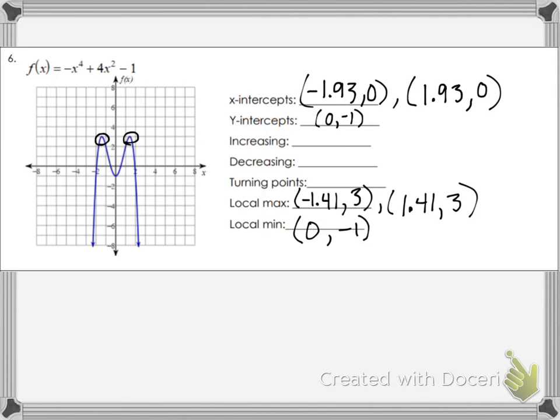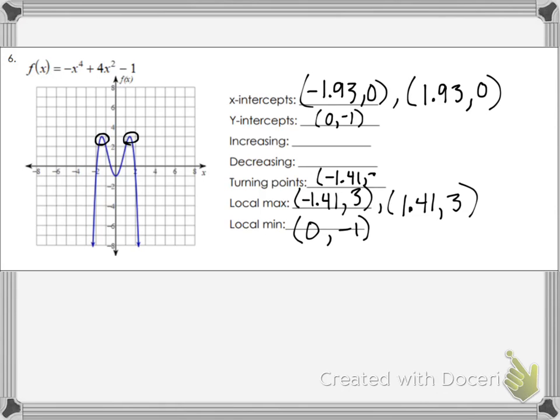Remember, turning points are where my graph switches from increasing to decreasing and from decreasing to increasing. So what are my turning points? My maximums and my minimums, right? So I just put all three of these ordered pairs on my turning points.